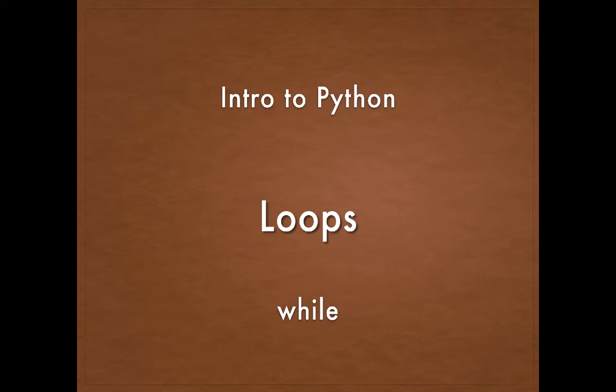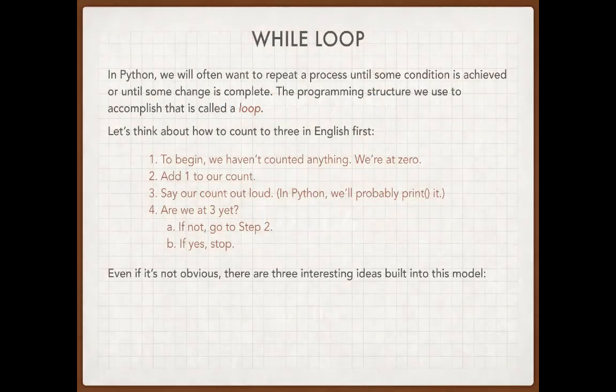Then in the second video, we'll move on to the for loop, where all of those three properties also exist, but they're a little more implicit, a little more difficult to see. So let's start with this overly simple version, counting to three. What I'm interested in here is not the process of getting to three, but I would like to extrapolate out of this example these three basic principles that all loops have.